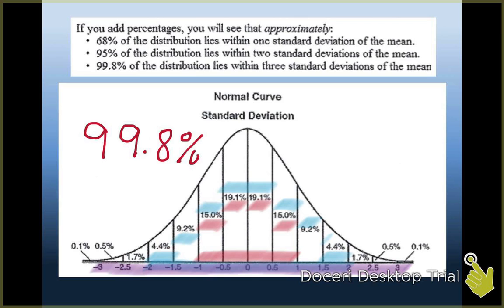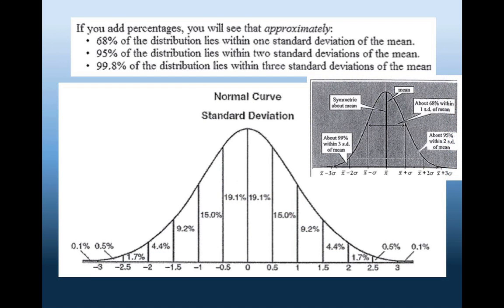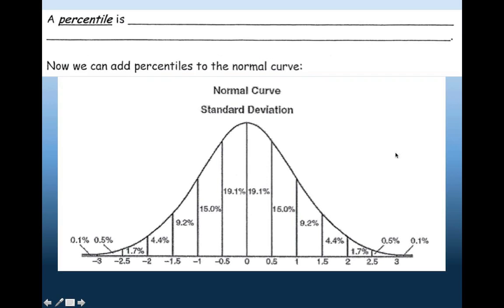So pretty much any number you can pick from a set of data is going to be within 3 standard deviations of the average. There's a little diagram on the side there showing you that the X bar, the average, is the center, and then you're talking about 1 or 2 or 3 above or below. So you can look at that on your own.